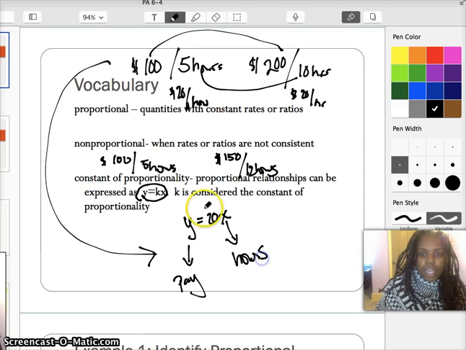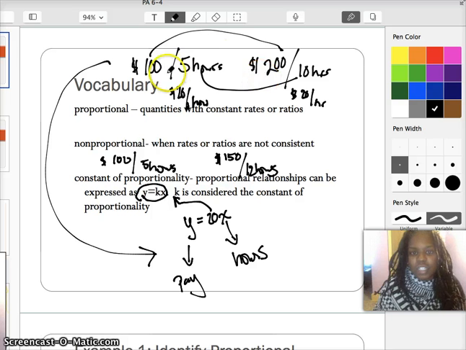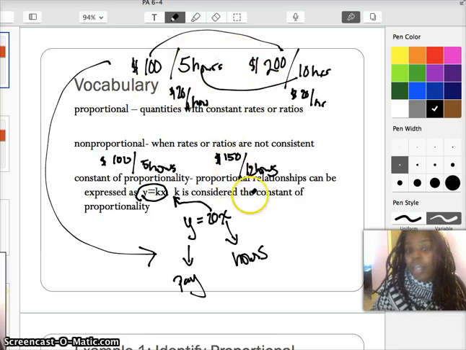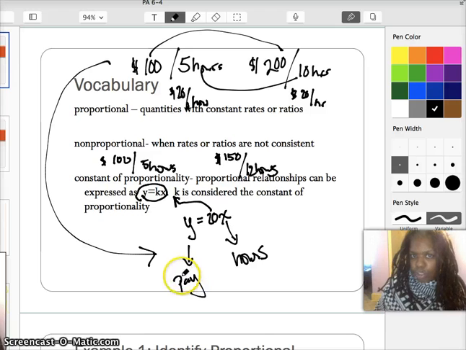In this case, 20 is the k value, your constant of proportionality. It's the thing that keeps everything consistent. It's basically the unit rate. So proportional quantities are when things are proportional; non-proportional is when you don't get the same unit rate; and the constant of proportionality is the unit rate when you have a proportional relationship.